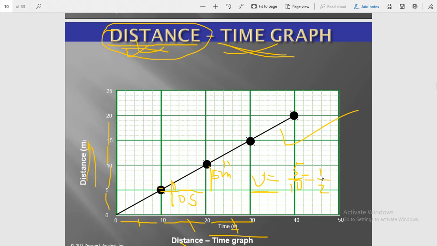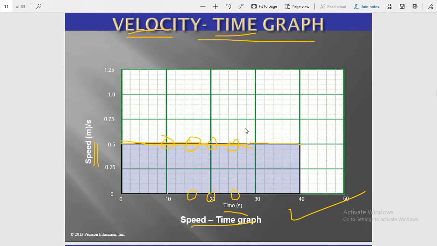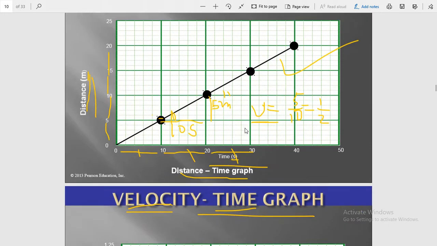Write examples of objects which are in uniform motion or non-uniform motion. But I hope you understand the difference between these two graphs which are shown in slide number 1 and slide number 2. Okay, so revise this topic.